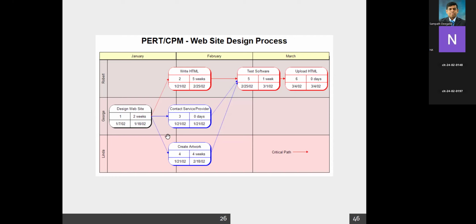Therefore, you can see the critical path, the path which determines the total project duration, goes from this one to this and this and this. So we have task number 1, 2, 5, 6. Likewise, we should be able to identify the critical path in the PERT CPM chart.